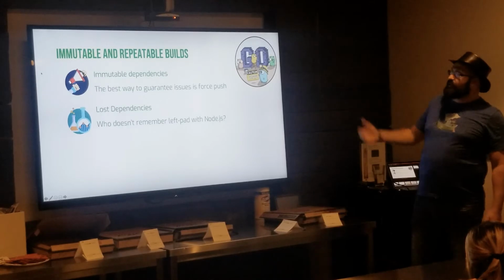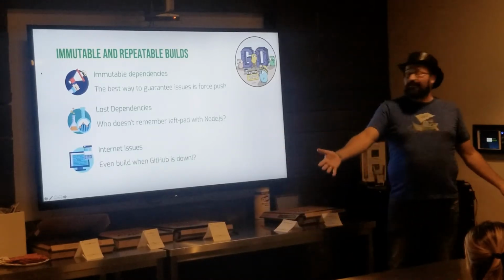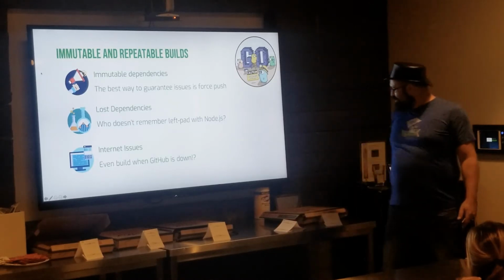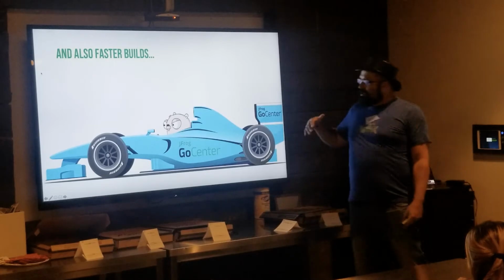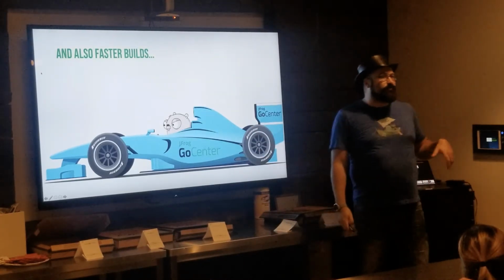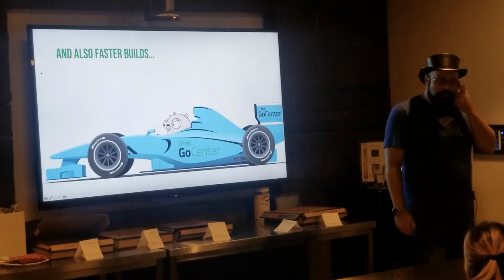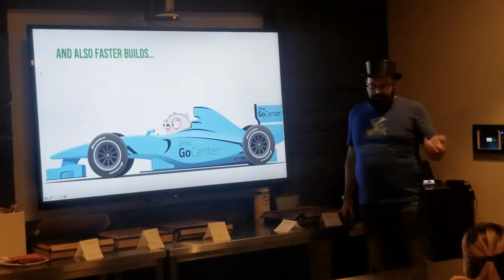But yeah, obviously, with internet issues you can even build when GitHub is down. So you don't have that excuse anymore. And obviously using a Go repository makes the build faster just because now you do fewer things, but instead you do more efficient things.